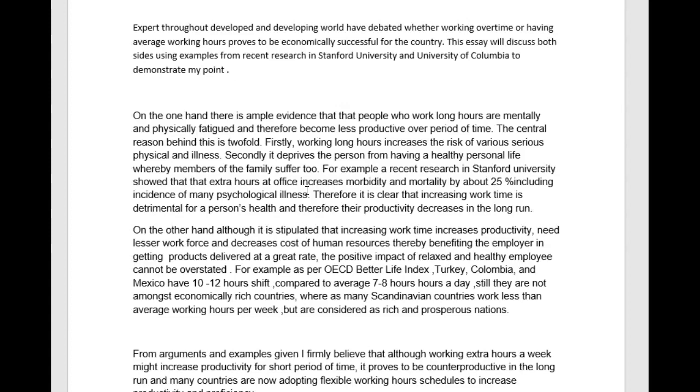Okay, so let's see. Now, here's what happened. You have this firstly here, which is various physical illnesses and so forth, but you actually didn't support that until down here. So this sentence to me seems to be not really located in the best spot.